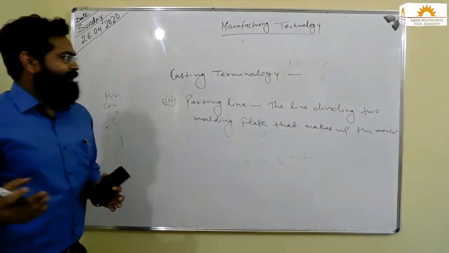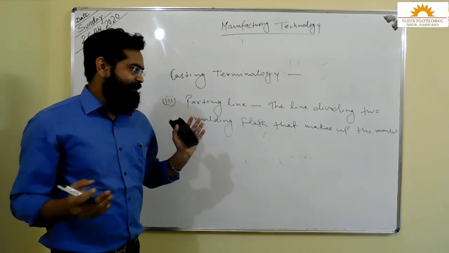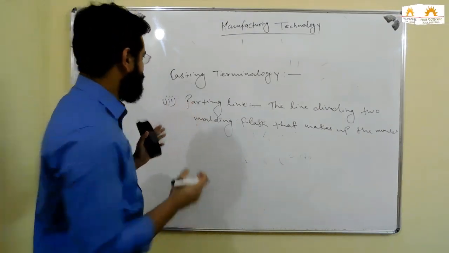So what is parting line actually? Parting line is the line dividing two molding flasks that makes up the mold.